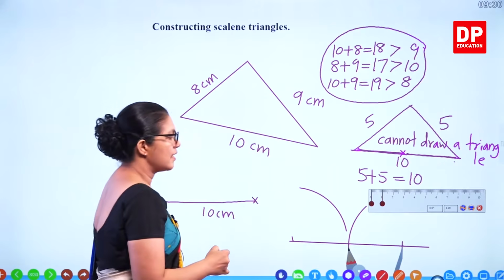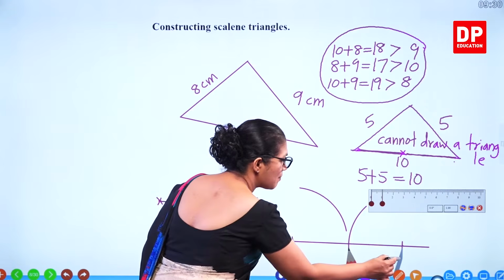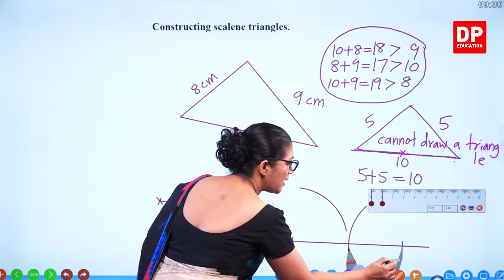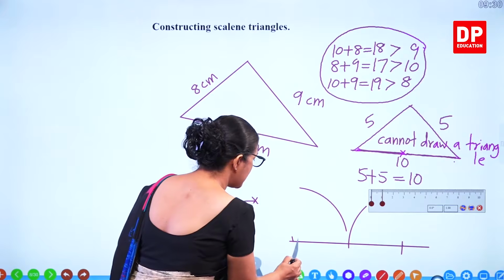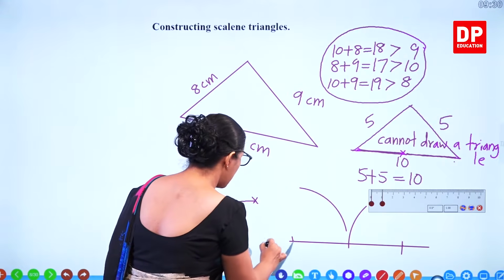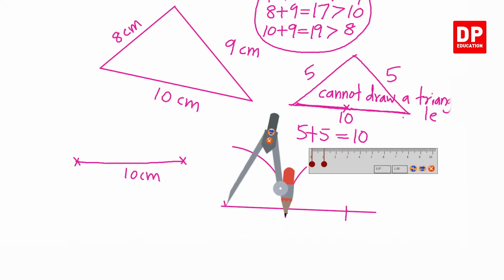Can you see? You can't find an intersecting point. The intersecting point is actually on the line, because that's equal. So here it intersects on the line.